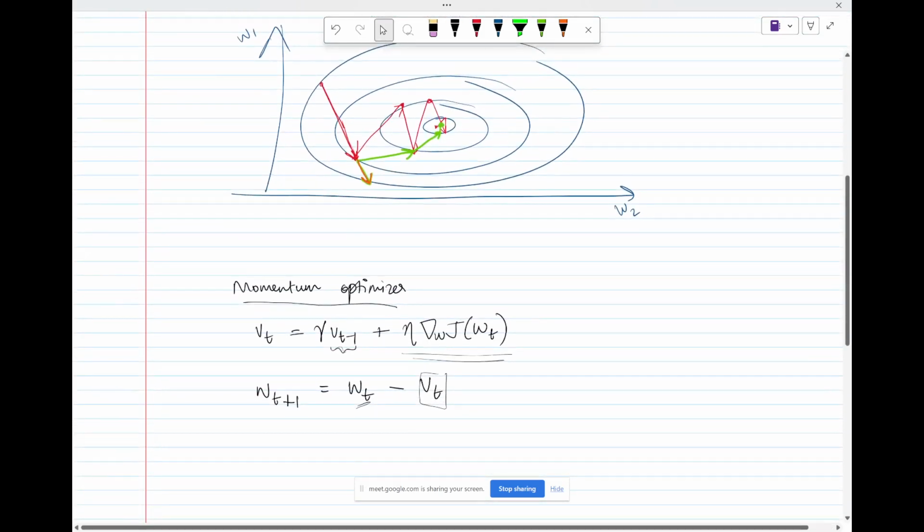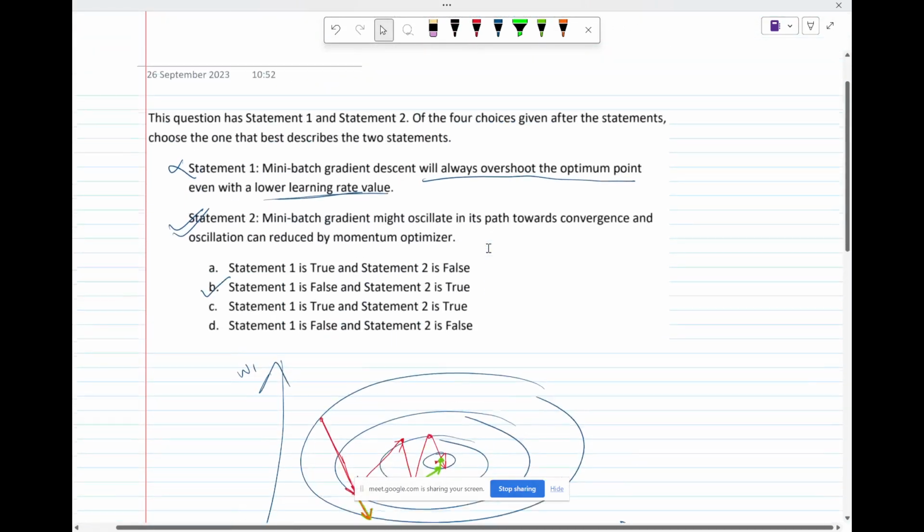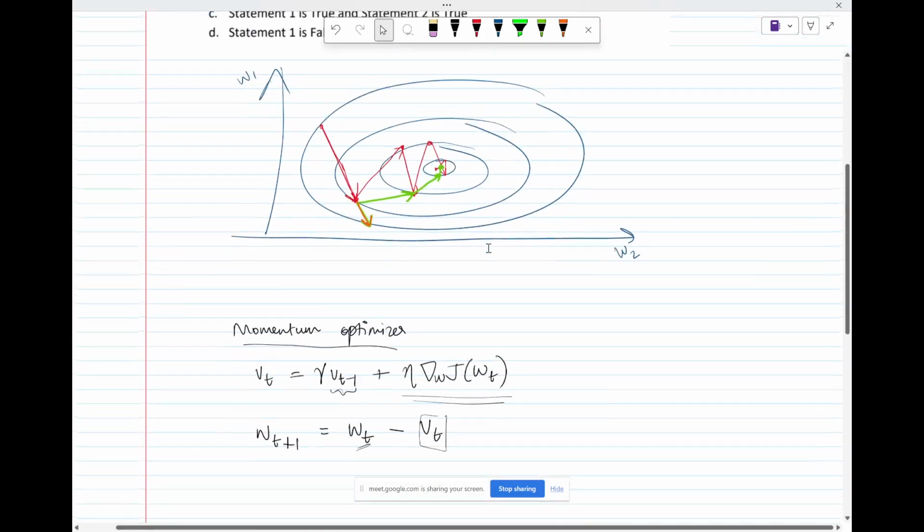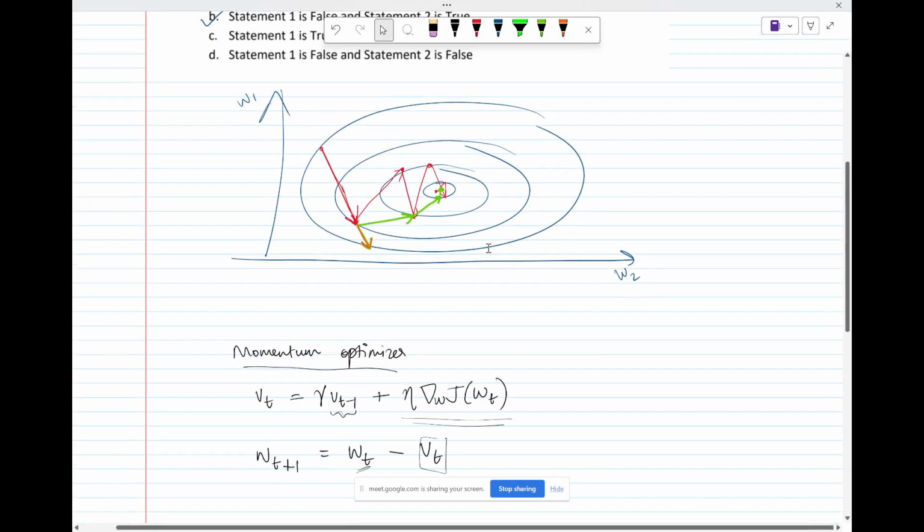But the previous batch update is sort of carried by the momentum term. So that's why it doesn't oscillate too much. So it's a very intuitive explanation that I'm giving, but I hope it makes sense. If you have any doubt, then please ask.